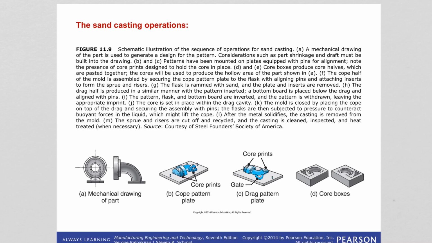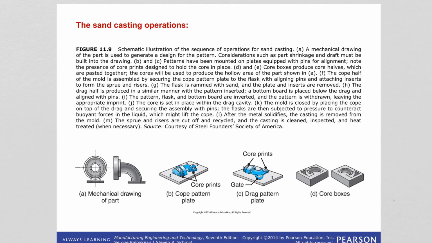Now we're going to take a look at the sequence of operations for sand casting. So first we need a mechanical drawing of the part that is going to be used to generate the pattern.